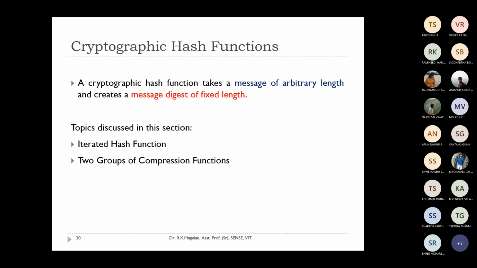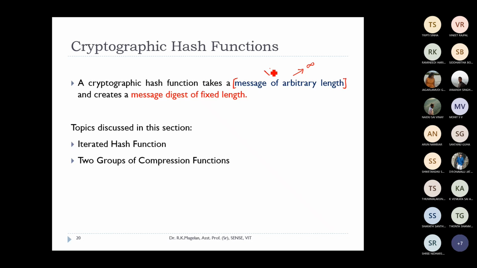Now we move deep into how these cryptographic hash functions are going to be designed or developed. Already in the last class we said that the cryptographic hash function will take messages of arbitrary length. Arbitrary length means any length. If there are no restrictions, the length can run up to infinity based upon the algorithm.